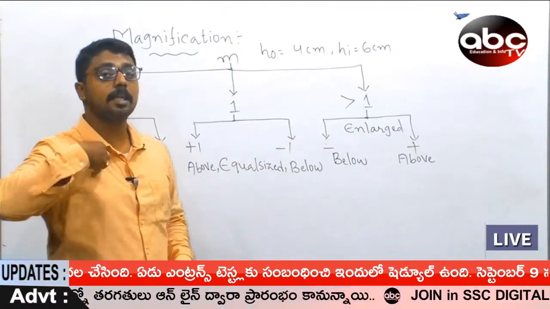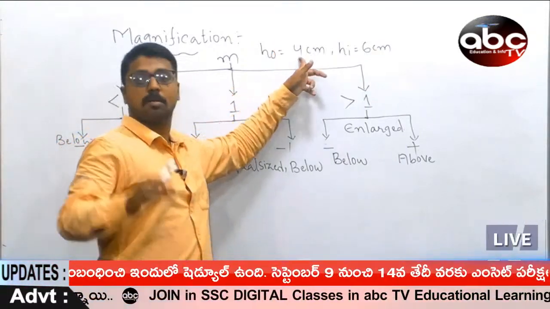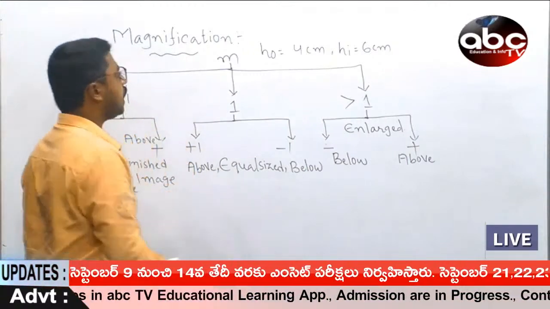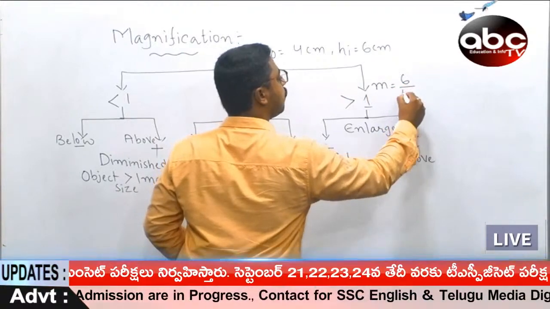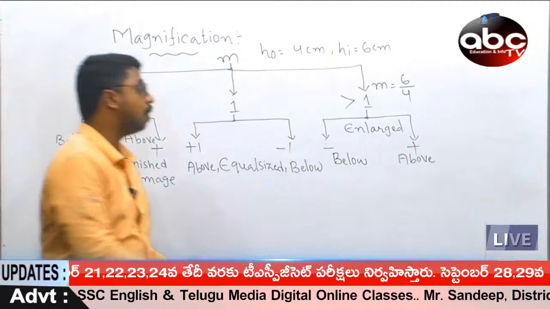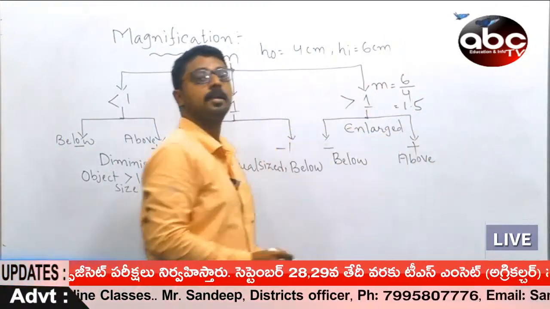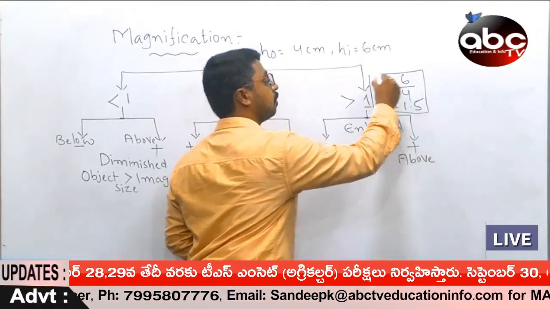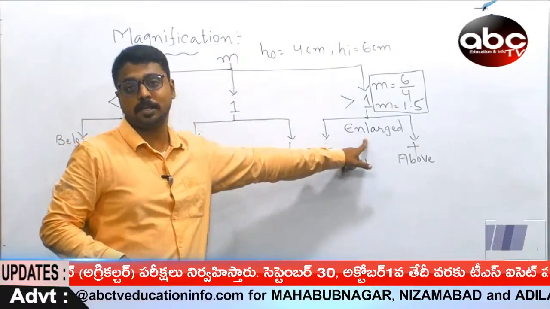What does it tell us? Naturally by seeing itself we can say the object is of smaller size and the image is of bigger size. So m is equal to 6 by 4, naturally you get 1.5. That is, it is an enlarged image.